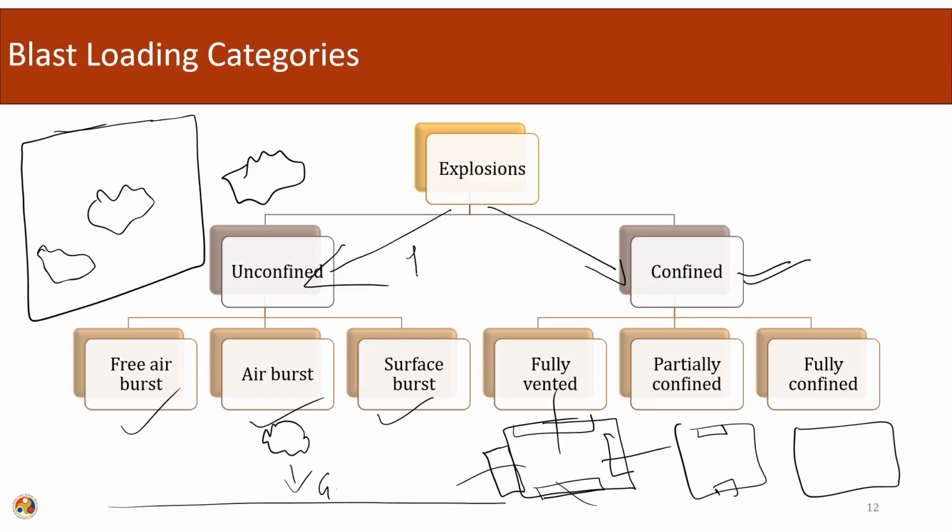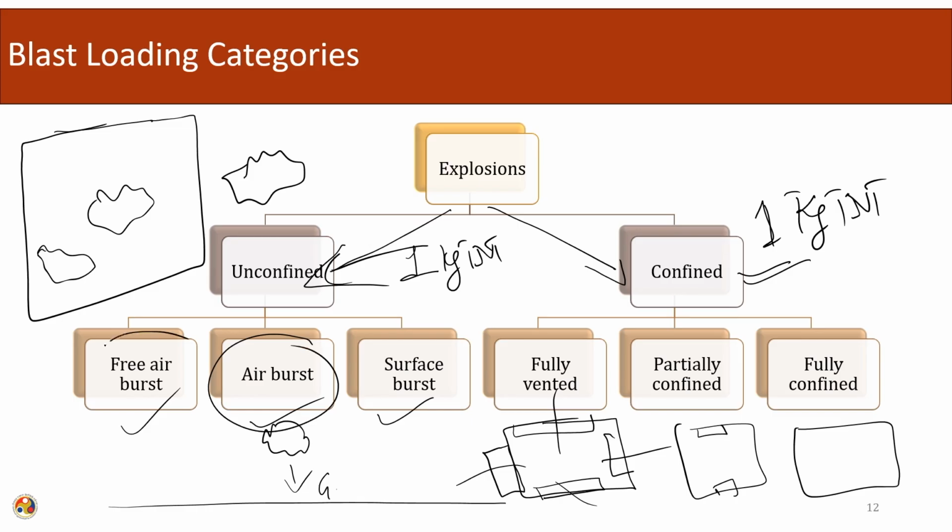Let us say we have taken the same amount of TNT, 1 kg, for both unconfined and confined blast. If we are taking a free air burst, the reflections will be minimal.